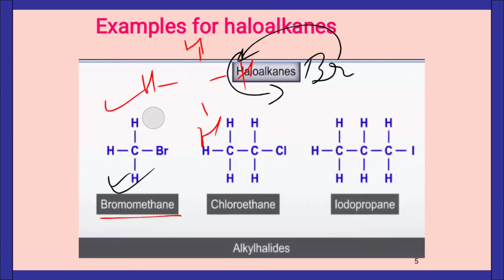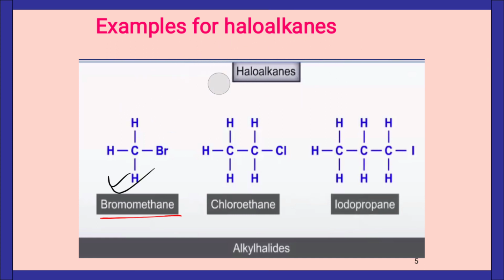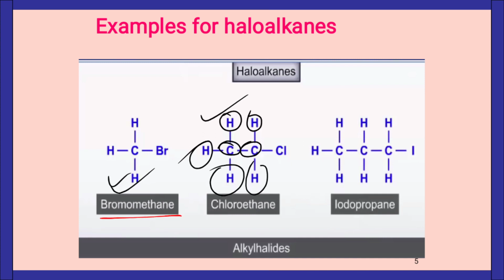Now the next structure is chloroethane. It means 2 carbons. Now in order to complete its valency, we have to fill the hydrogens accordingly. You know it from your GOC, that is General Organic Chemistry, in your class 11th, right?